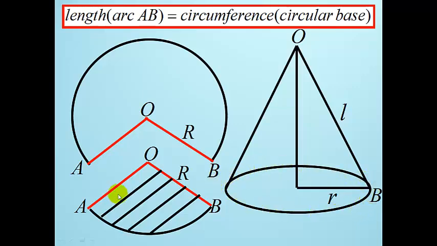Now, assuming you form the cone from the minor sector, in this case, the length of the arc will be this. This is the length of the arc AB. And we are saying that the length of the arc AB is equal to the circumference of the circular base.